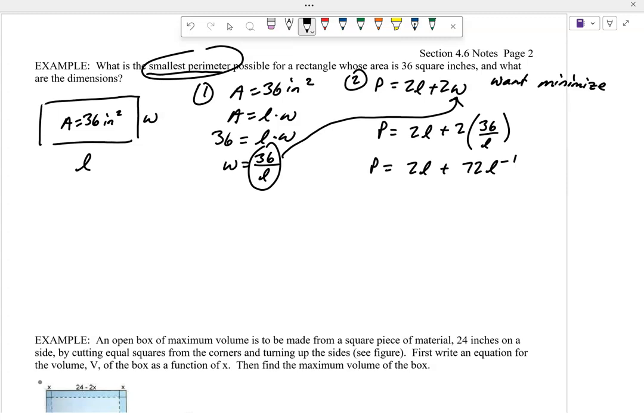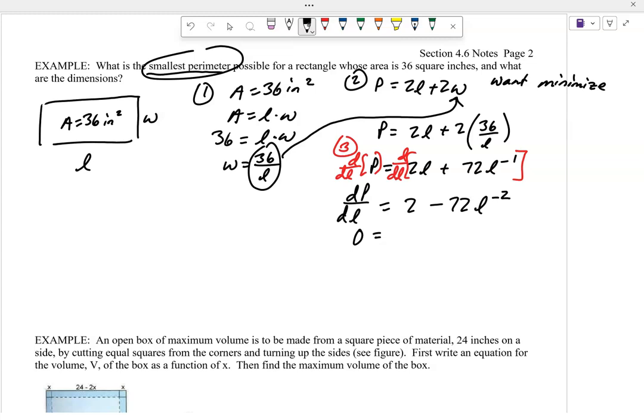Now, we want to minimize this. So let's go to step 3. Let's take this derivative with respect to L. And so we got dP/dL equals 2 minus 72 L to the negative 2.